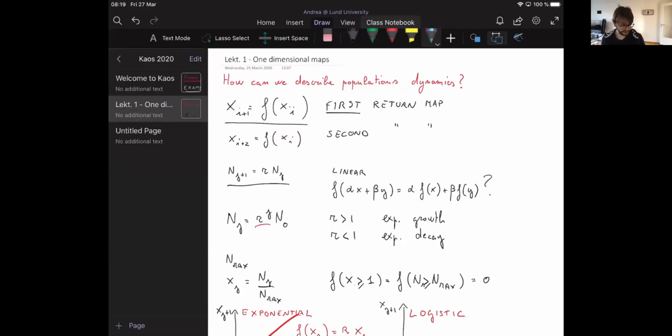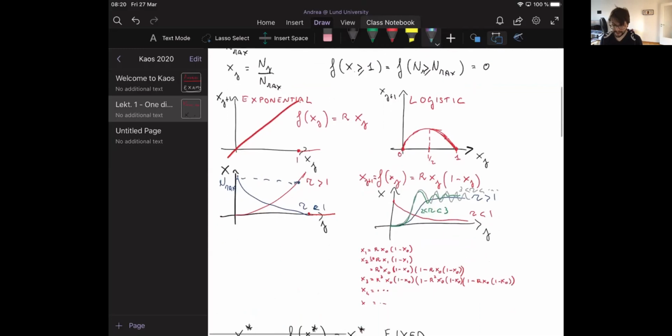So yesterday we talked about maps, in particular first return maps, and how they can be useful to describe a system that evolves in a nonlinear fashion, especially, and how a very simple map called the logistic map can have a very complex behavior, and how with a very simple equation, due to the nonlinearity, you have these extremely interesting and complex behaviors arising from the fact that the expression is inherently nonlinear.